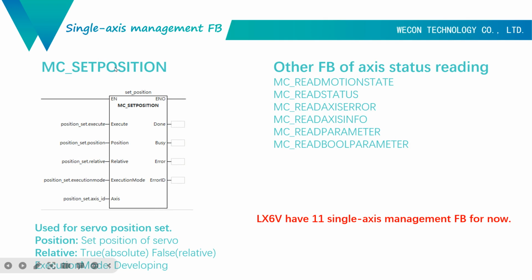This function block, set position, is used for servo position set. We input servo position in this position, and for this relative, if we set it as true, it means absolute position, and if we set it as false, it means it's relative position.